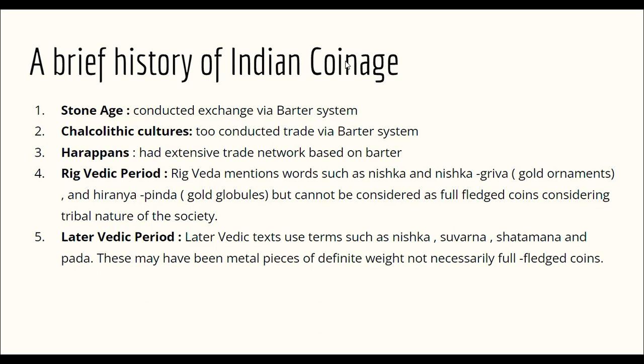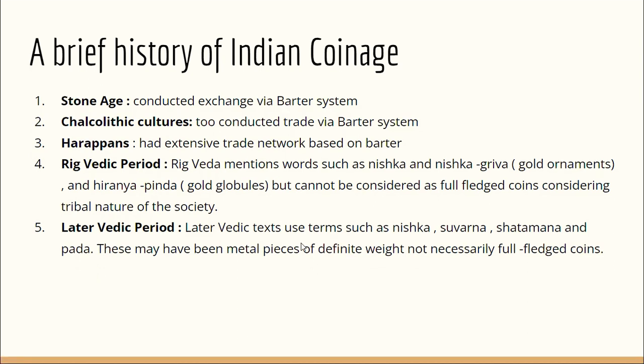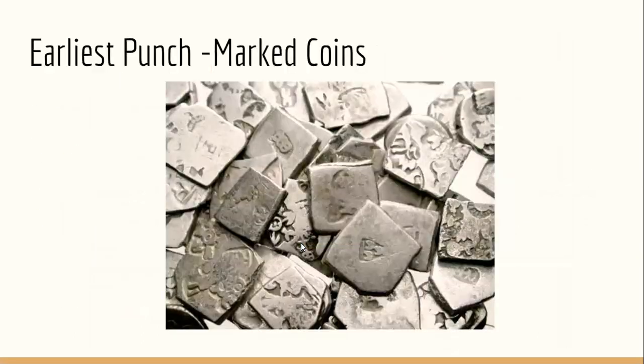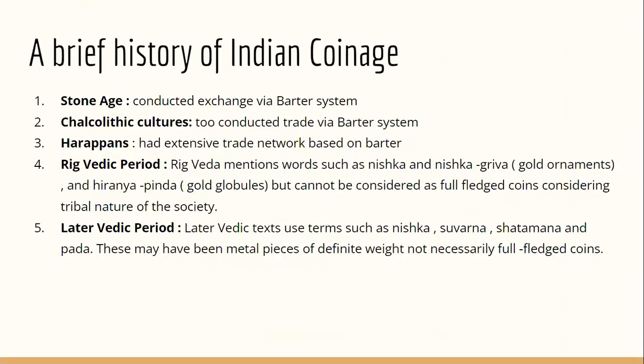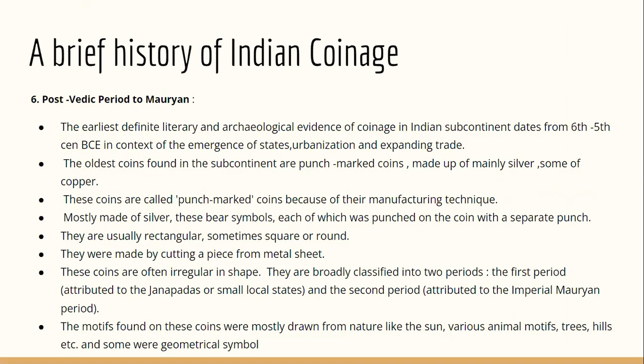And we do not have very supporting text or evidence to suggest that these were full-fledged coins. So these are associated with metal pieces of a definite weight. So this is the initial history of the Indian coins. Coming to the next part, the next period is the period from where we find the definite attributes of coins emerging in India, and that is the post-Vedic period.